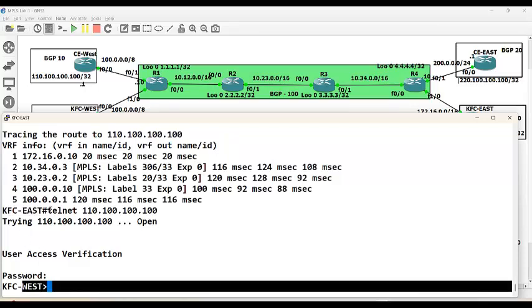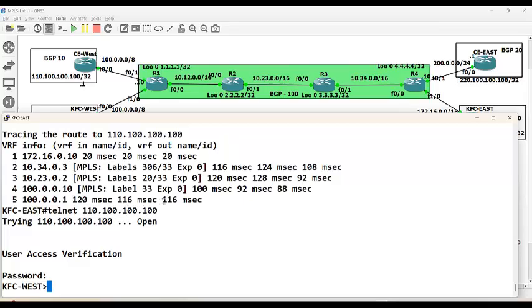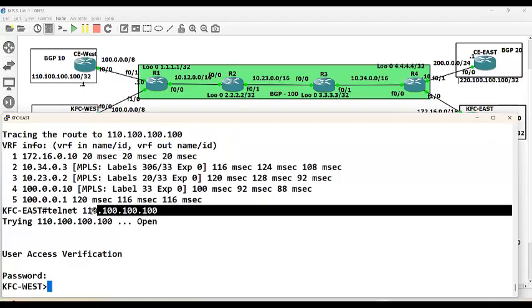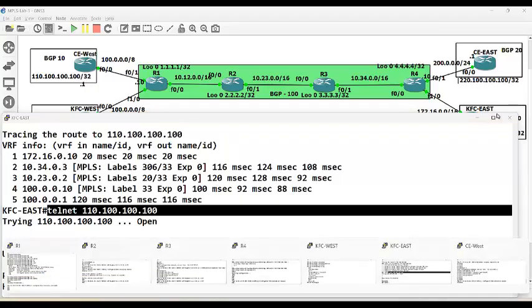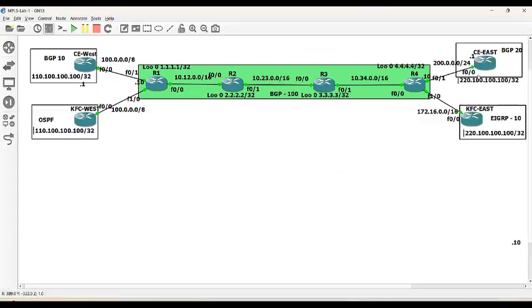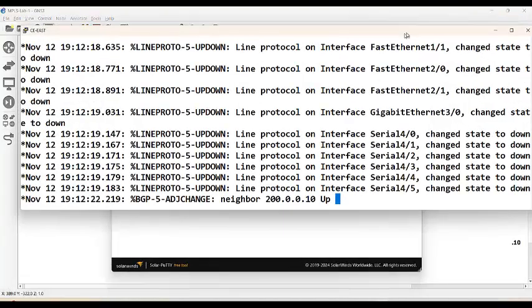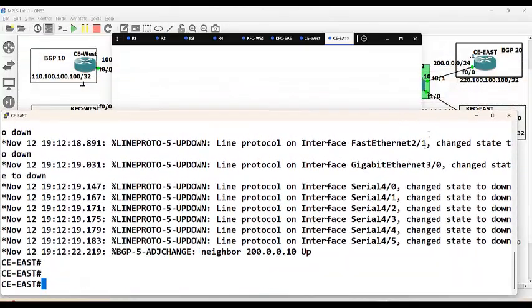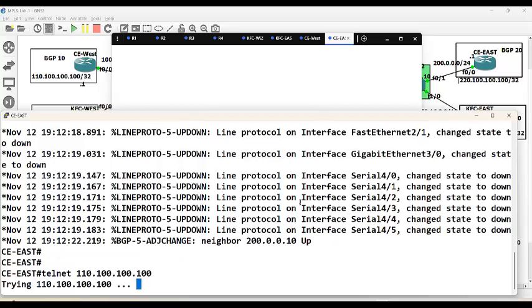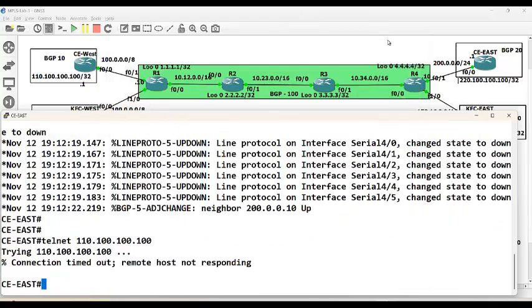When I do the same telnet from Burger King East to the Burger King West address, it will not go to KFC, rather it will go to Burger King West.